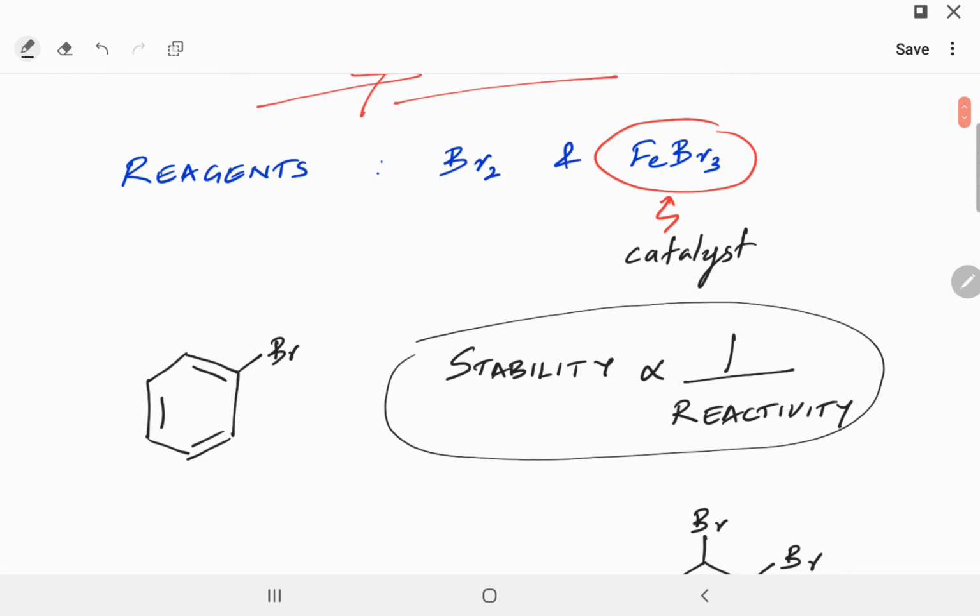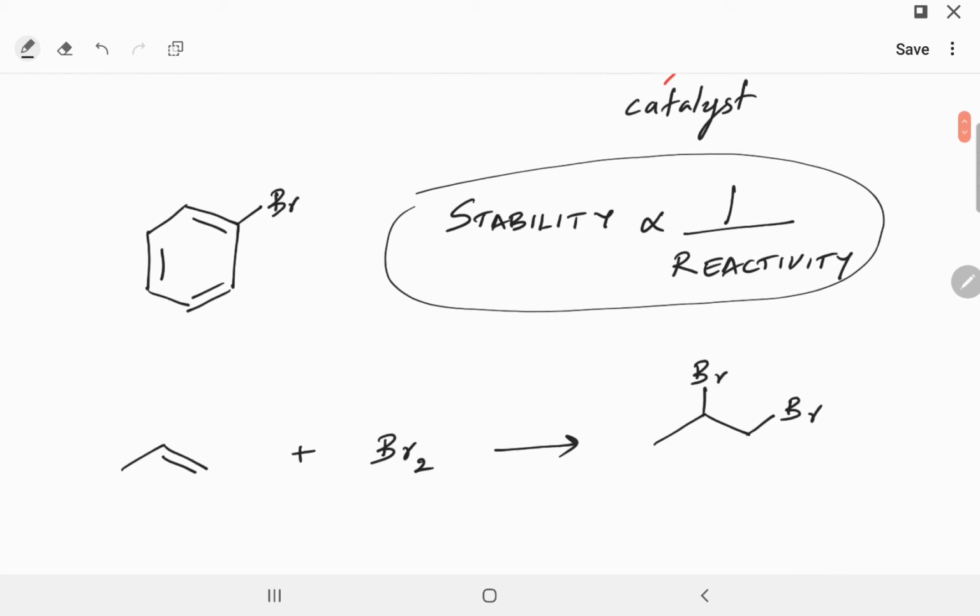So let's start. I'm going to erase this alkene reaction and we will start learning about this substitution reaction, or the electrophilic aromatic substitution reaction for bromine.